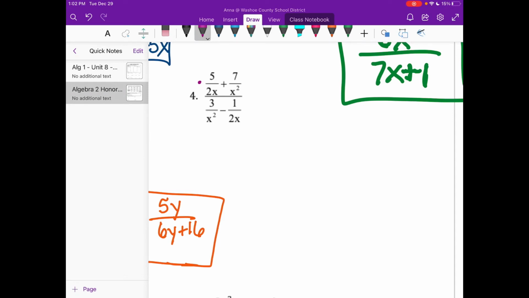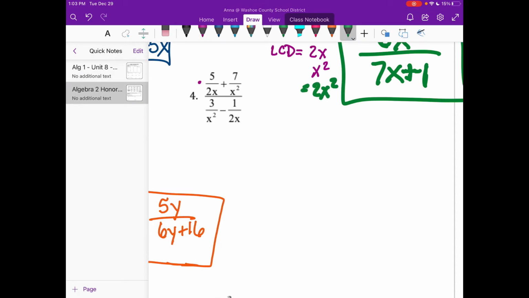So on top, I have 2x and x squared. You have to think about this because you can't turn the 2x into an x squared, and you can't turn the x squared into a 2x. If you put them together, technically the least common denominator would be 2x squared.